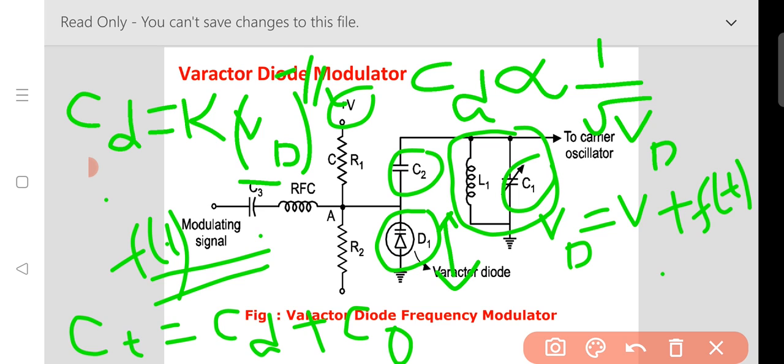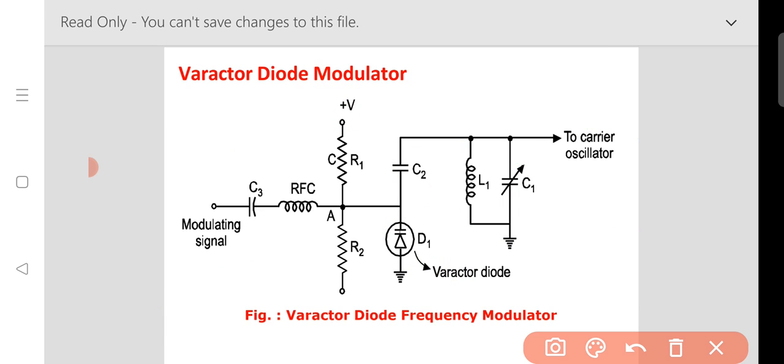I already told you, omega equals 1 by root LC. Don't forget the relation, you just substitute it in this equation.